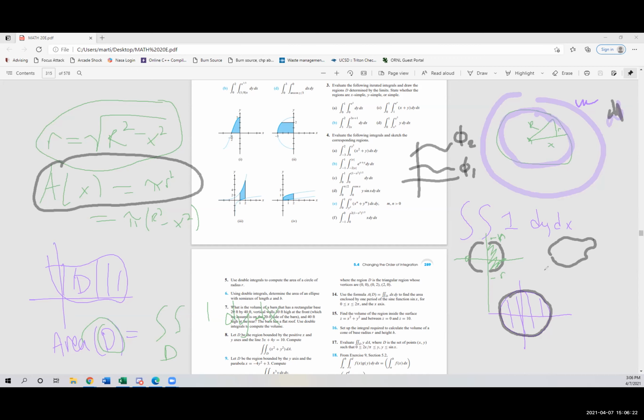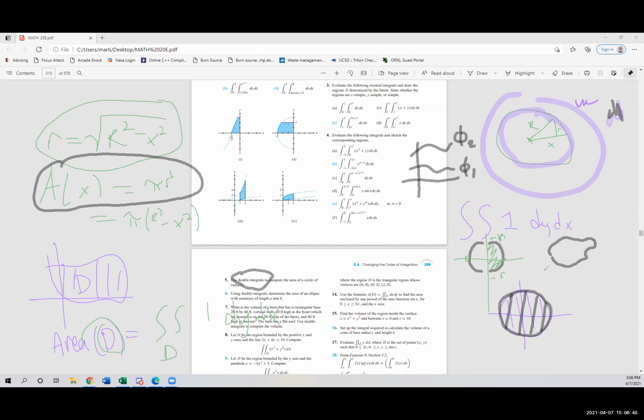This problem specifically wants us to do it in a certain way. It's good practice, so we'll stick to doing this problem the way that they want us to do it, which means express the disk as an elementary region.